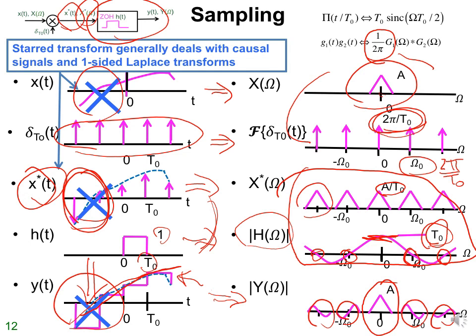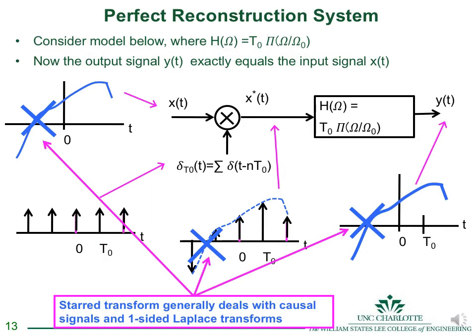The only exception is that for convenience we use the infinite impulse train, but of course when we multiply it by x of t, which is 0 on the left, it produces the same output as a one-sided impulse train would. So the starred transform generally deals with a causal signal, and to keep the link back to the original analyses, we show the X out, deleting the non-causal portions.